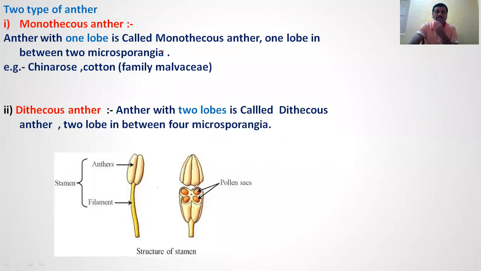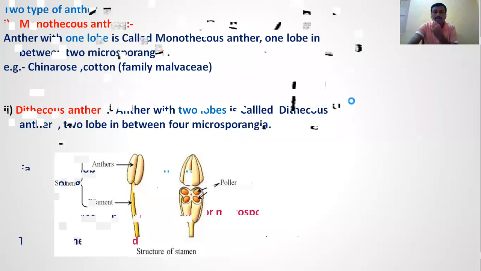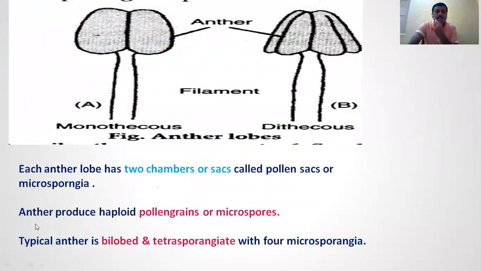These chambers are called the microsporangia or pollen sac. Okay. Then the anther produces haploid pollen grains or microspores.